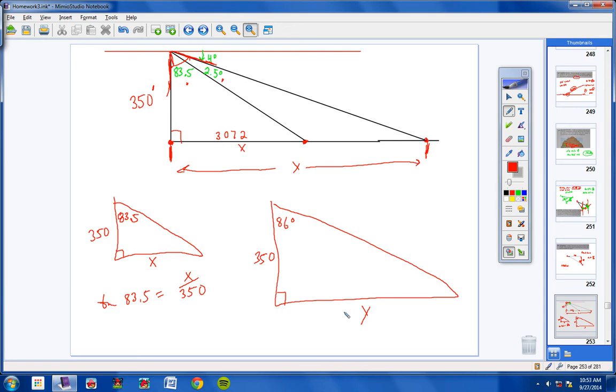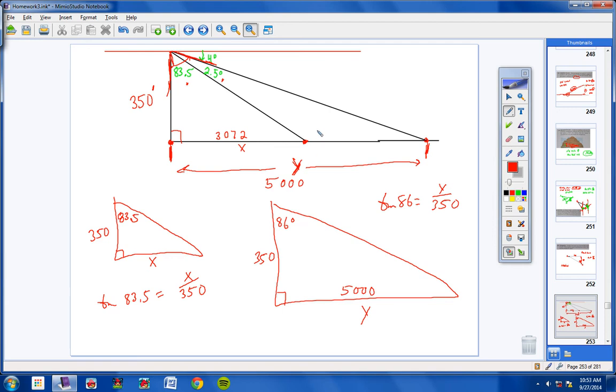All right, now let's find y, the entire length all the way across. So very quickly, the tangent of 86 degrees equals opposite over 350. We'll multiply both sides by 350. 350 times the tangent of 86 degrees would be 5,005.2. I'm going to go ahead and put 5,000. So the whole length all the way across is 5,000.